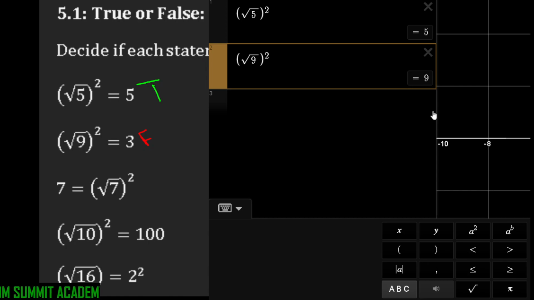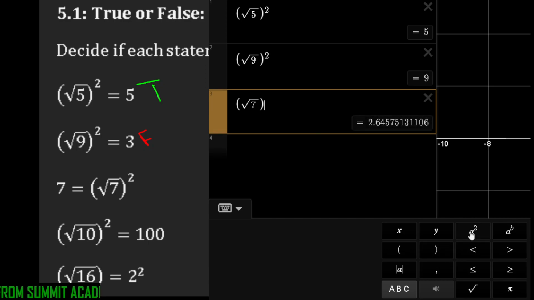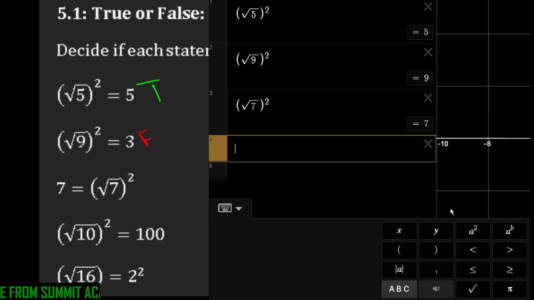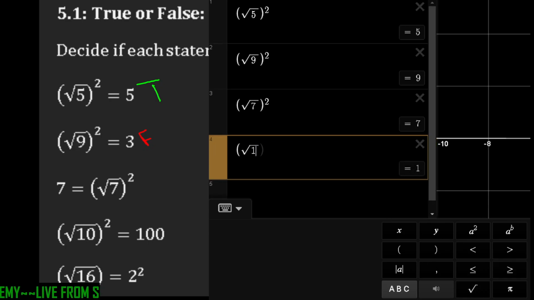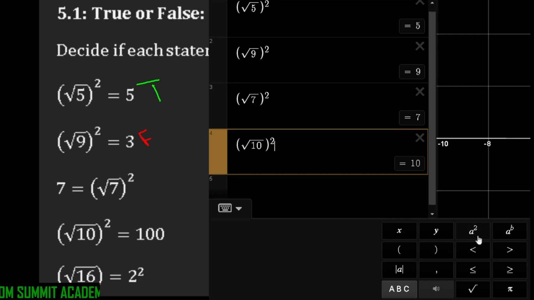Looking at the right side, I have the square root of 7 squared. You can notice how I type it in exactly as it looks. That's going to be equal to 7, so that one's true. However, the square root of 10 squared is going to be equal to 10, so that one's false.